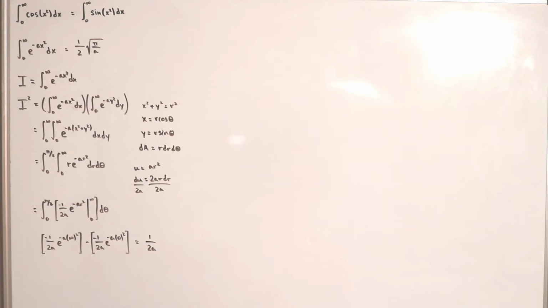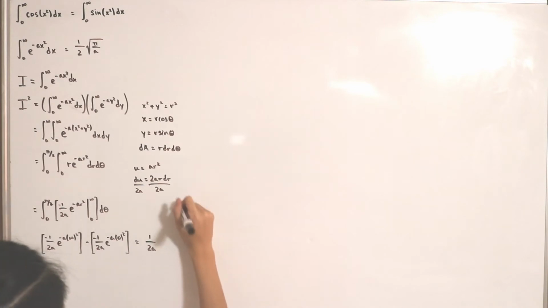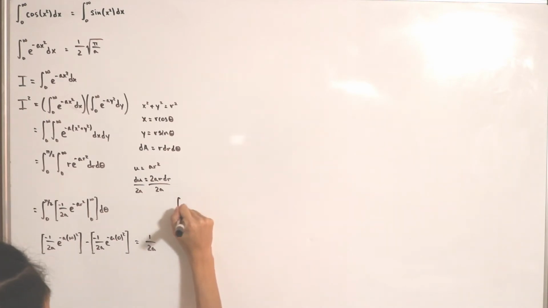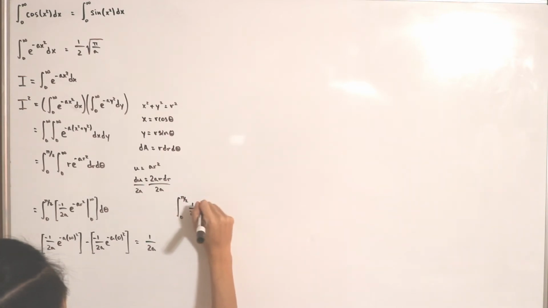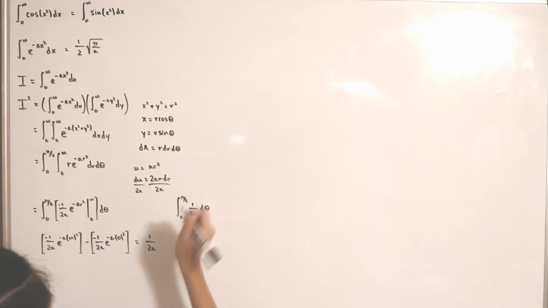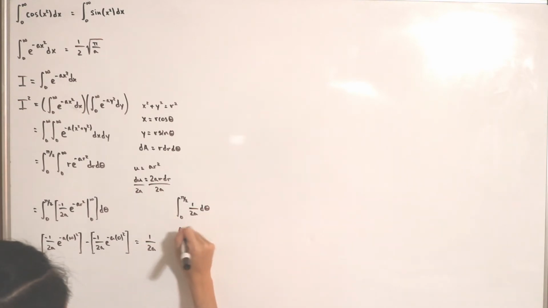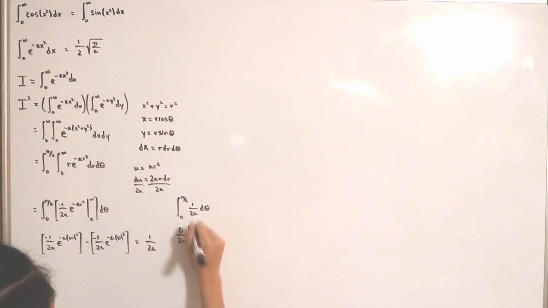And then all we have left is just to evaluate the integral over here. So moving back over here, we have 0 to pi over 2 of 1 over 2a d theta. But notice 1 over 2a is just a constant, so we're just left with theta divided by 2a, evaluated from pi over 2 to 0.